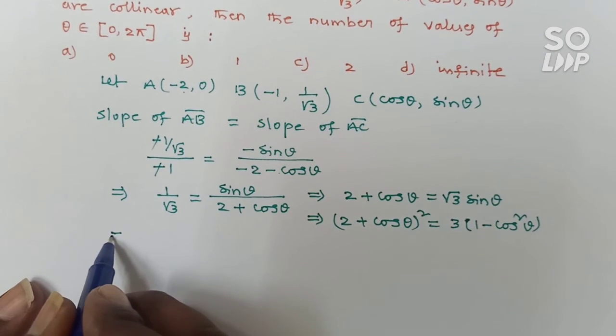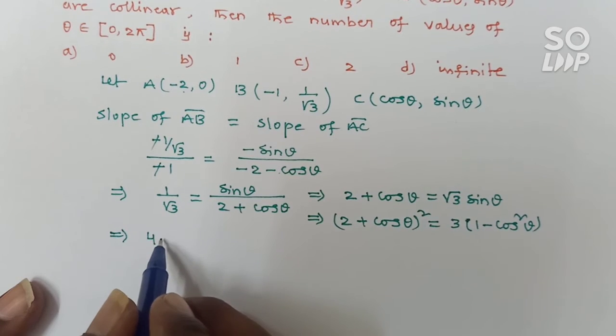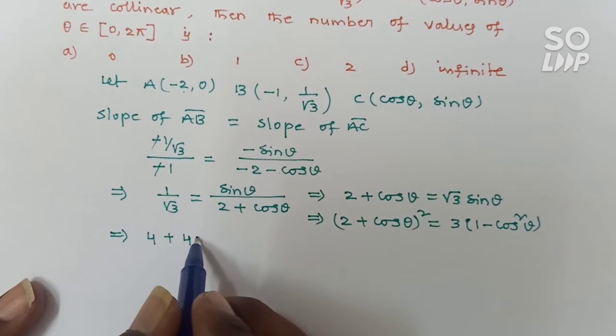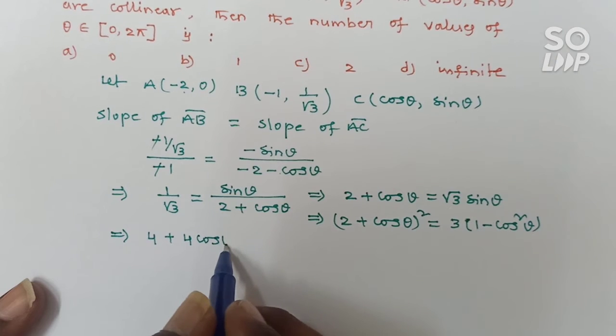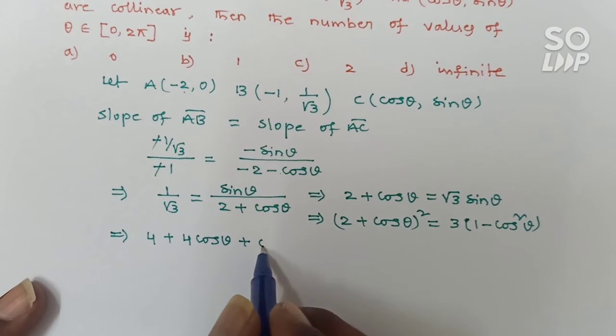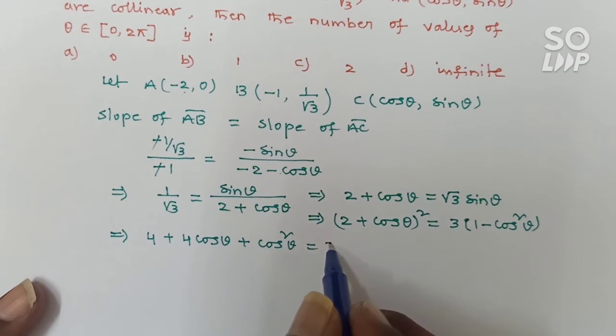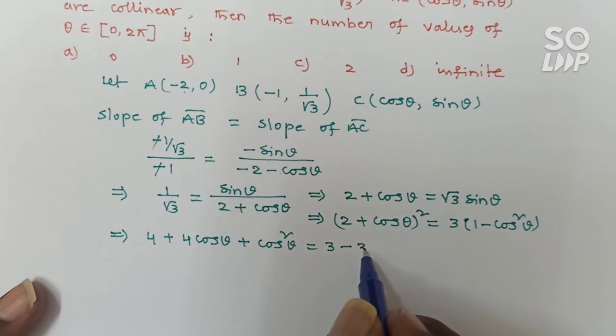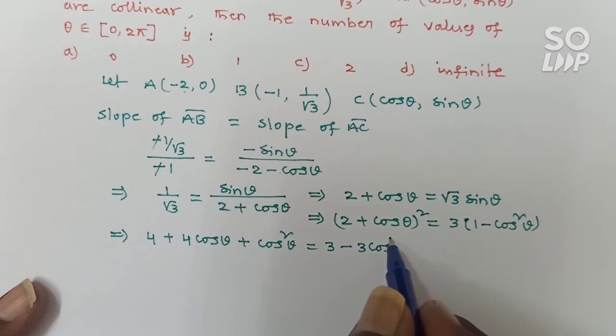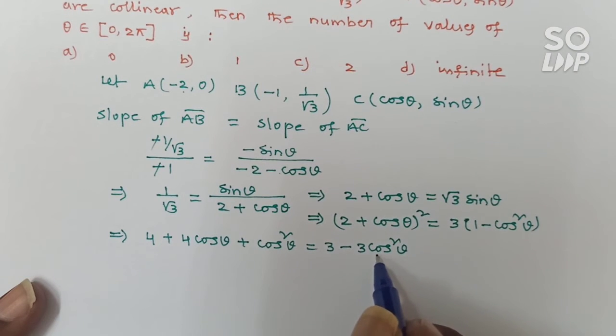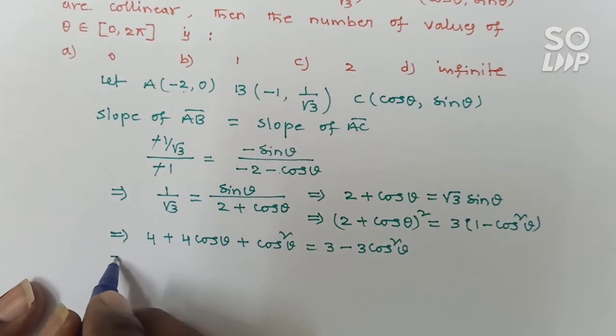That implies 4 plus 4 cos theta plus cos square theta is equal to 3 minus 3 cos square theta. Now you take minus 3 cos square theta to the left hand side.